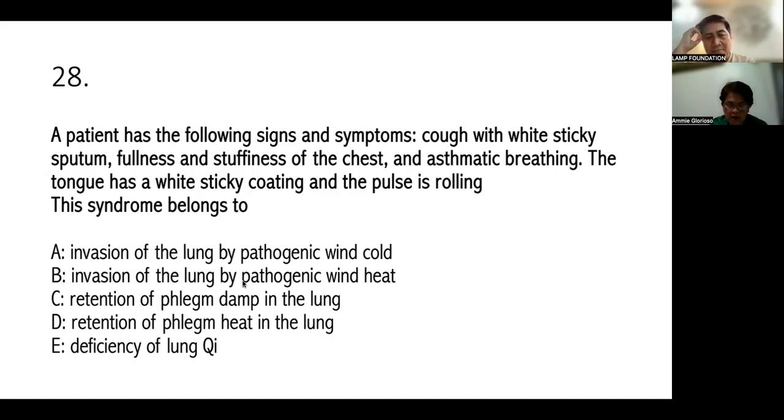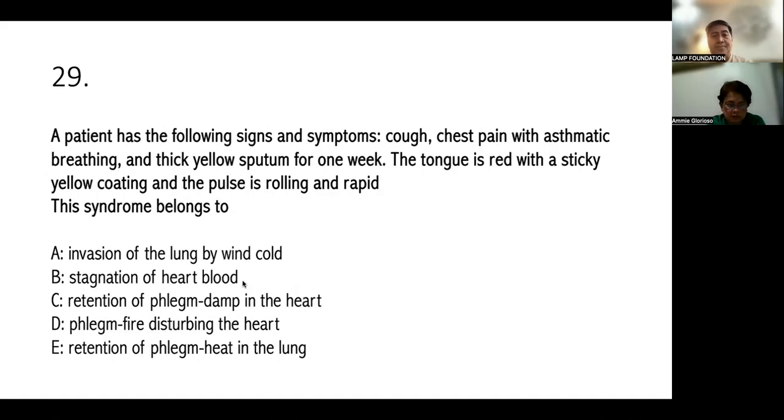Are they the same? Yung madulas po, tapos yung wiry po para siyang guitar string. Yung matigas, mahaba, straight. Ang rolling, nadudulas, nagro-roll. You have to start practicing how to take the pulses, okay? This is actually slippery pulse. Kaya nga, phlegm damp eh.